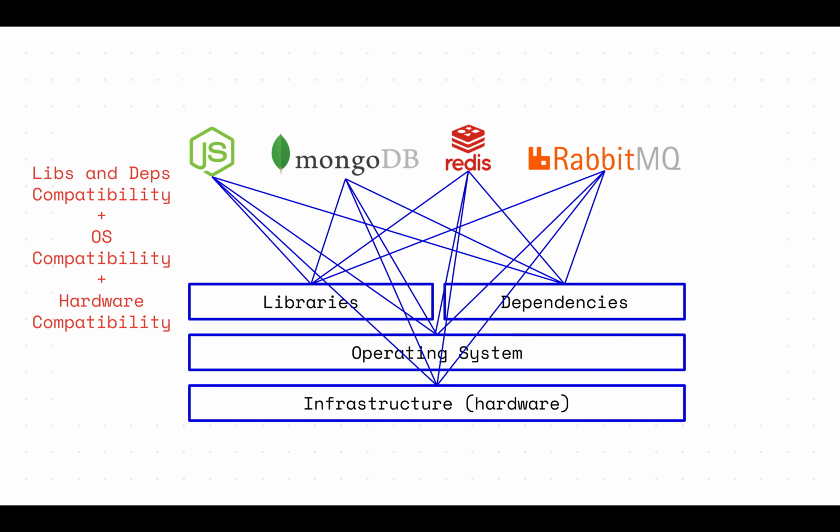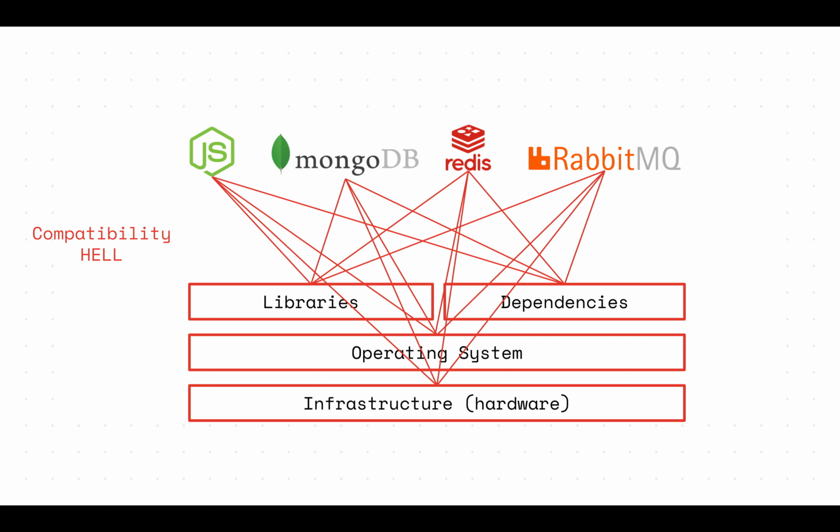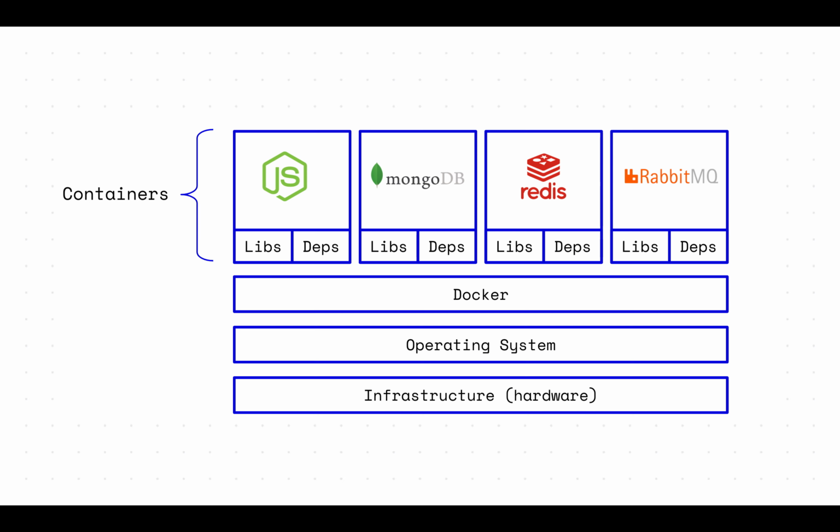This leads to a compatibility issue in such a way that for every technology you want to use and every technology you want to add on, you have to worry about a lot of other things that come with that technology you're using.